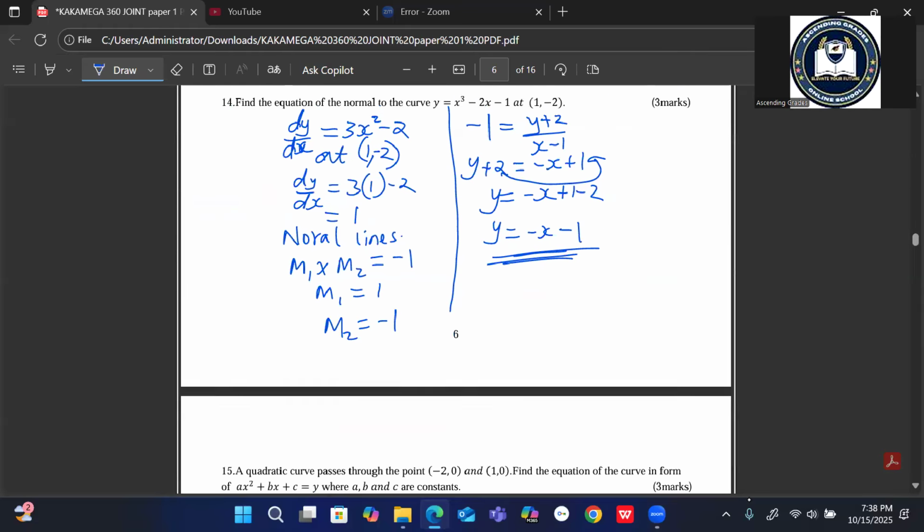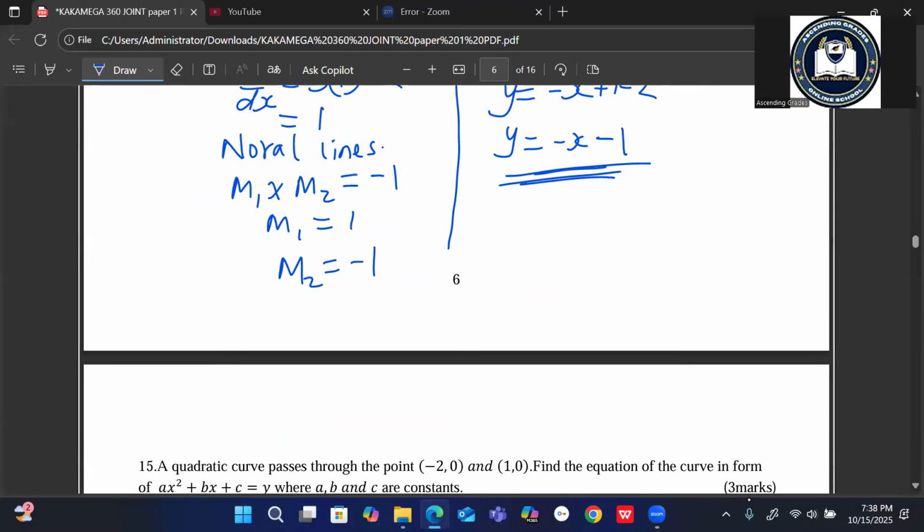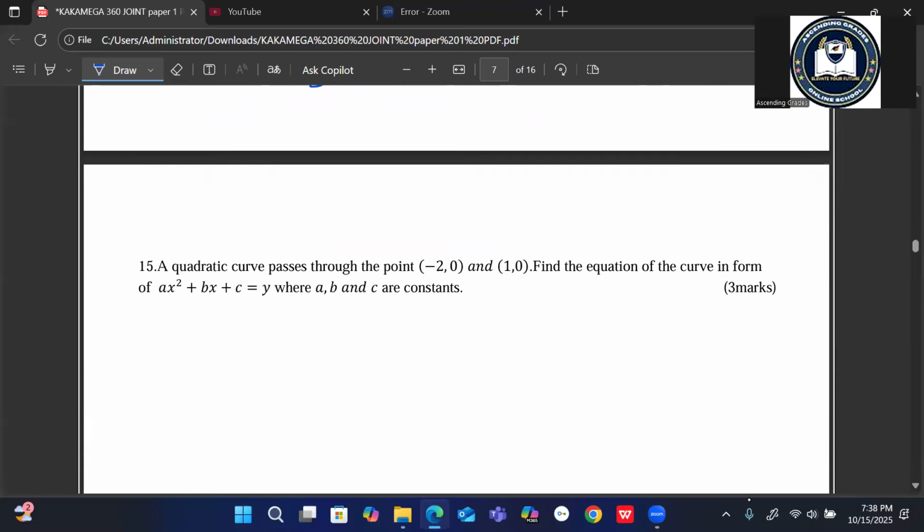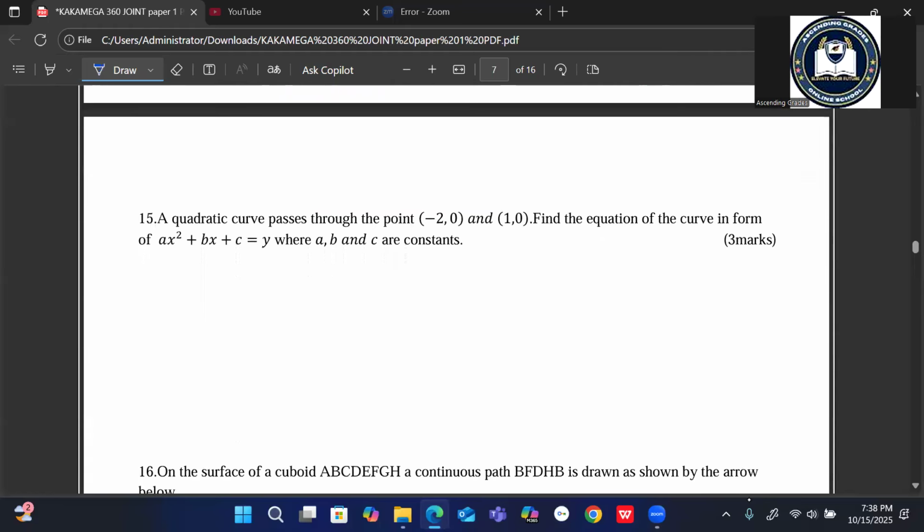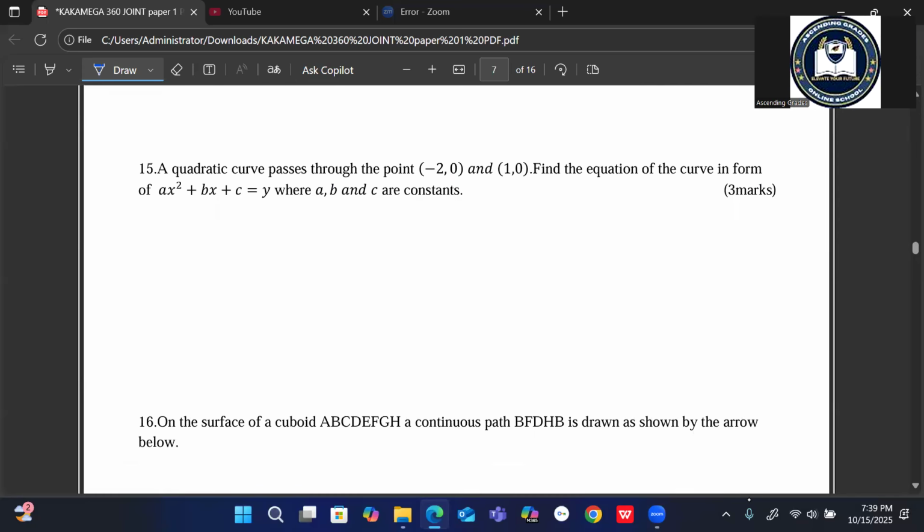From there, go to number 15. It says that a quadratic curve passes through the points negative 2, 0 and 1, 0. Find the equation of the curve in the form ax squared plus bx plus c is equal to y, where a, b, and c are constants.